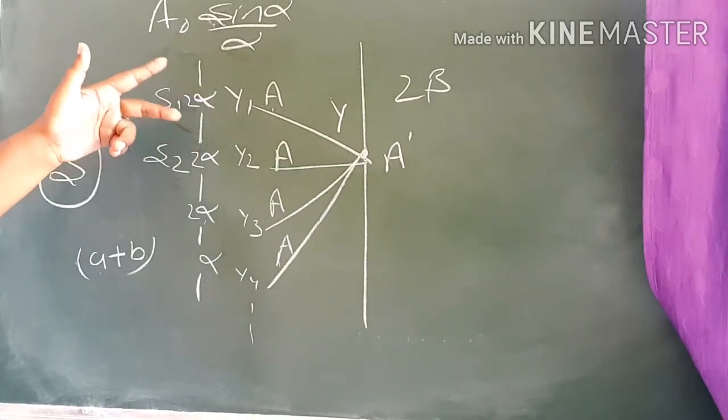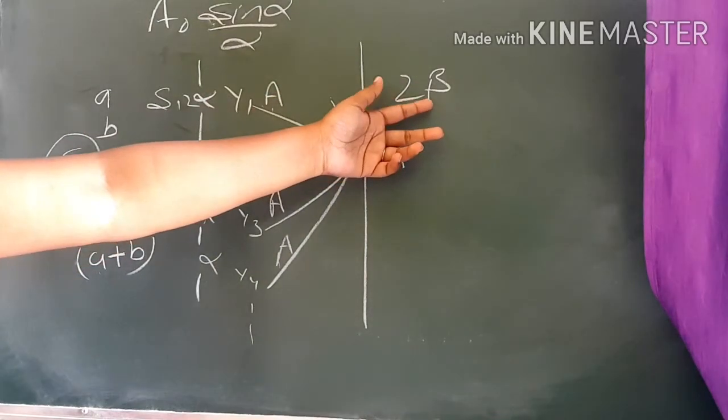The rays coming from two corresponding points have a phase difference of 2 beta.